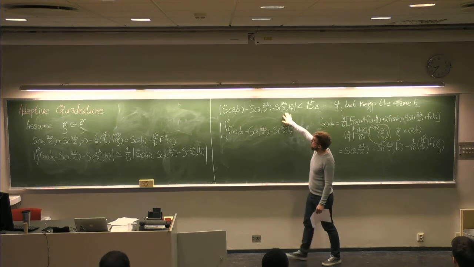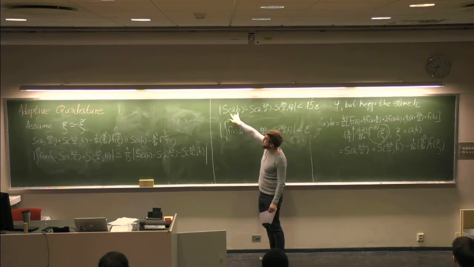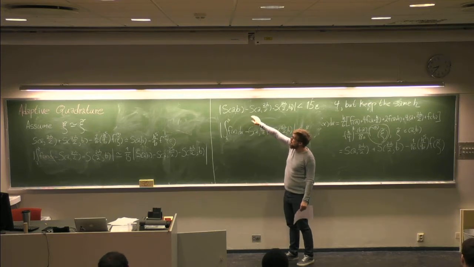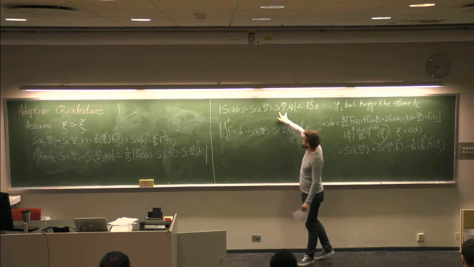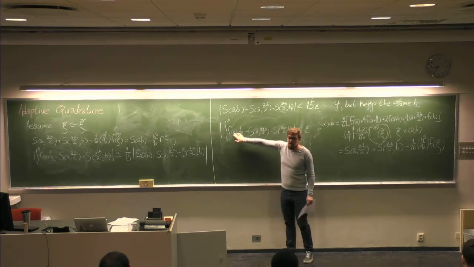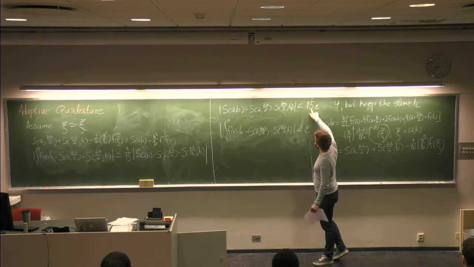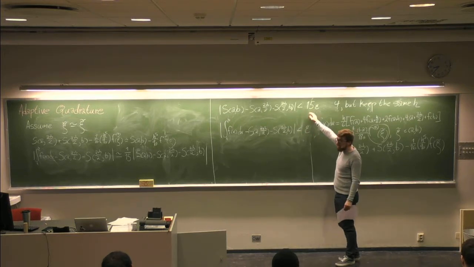So we can actually calculate this expression because we have this approximation. This is just a number, which we've gotten. We don't really know what the integral is, but we know that this is less than 15 times the tolerance.